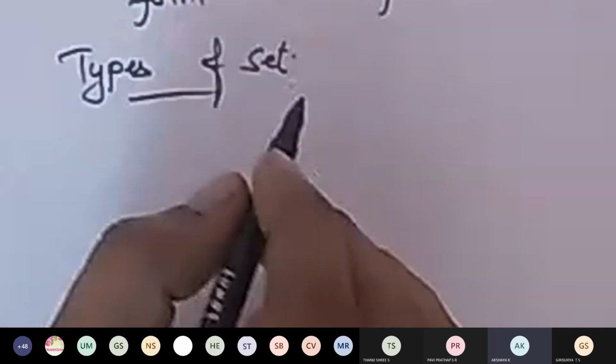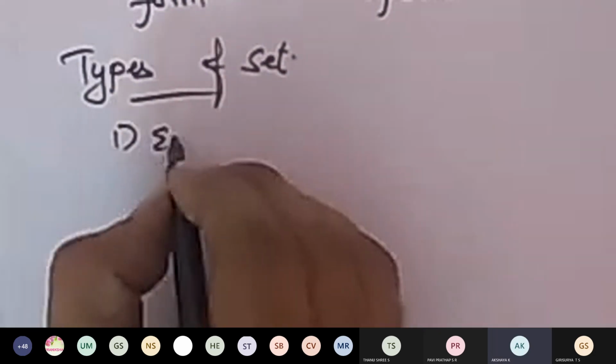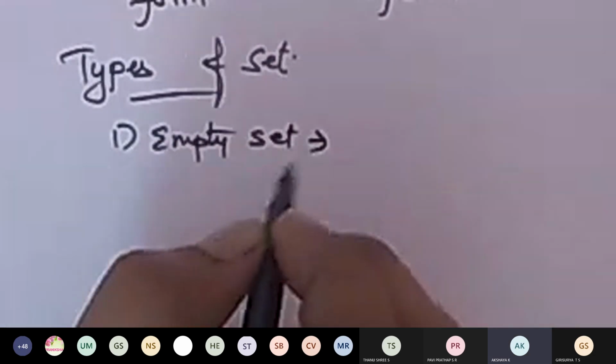Next, what are the types of sets we have learned? Types of sets. Empty set, singleton set, finite set, infinite set, right? Now, what is meant by empty set?